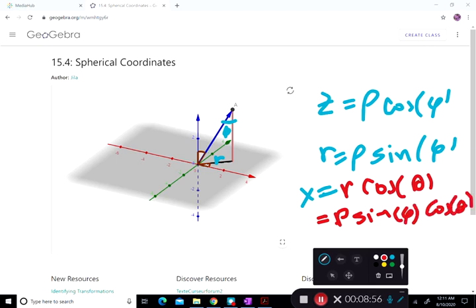And similarly, y is going to be r sine theta. So basically, the formula for y is going to be rho sine phi sine theta.